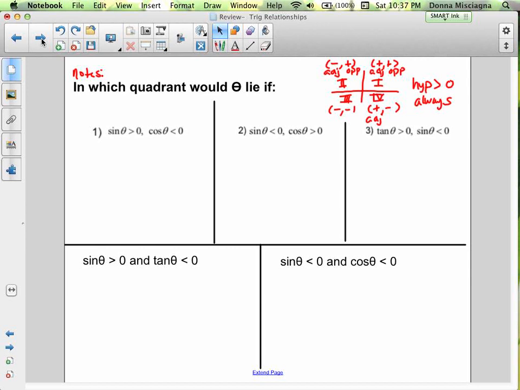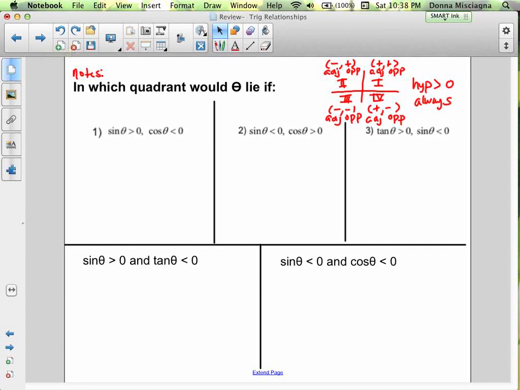Third quadrant, the adjacent and opposite are negative. Hypotenuse, of course, is always positive. And in the fourth quadrant, the opposite is negative; the adjacent and hypotenuse are positive. So remember, adjacent is x, opposite is y, right? And then r is just the distance from the origin to where your point is.